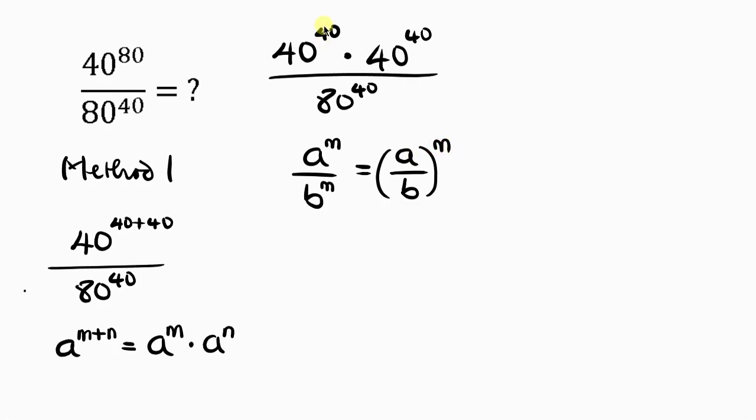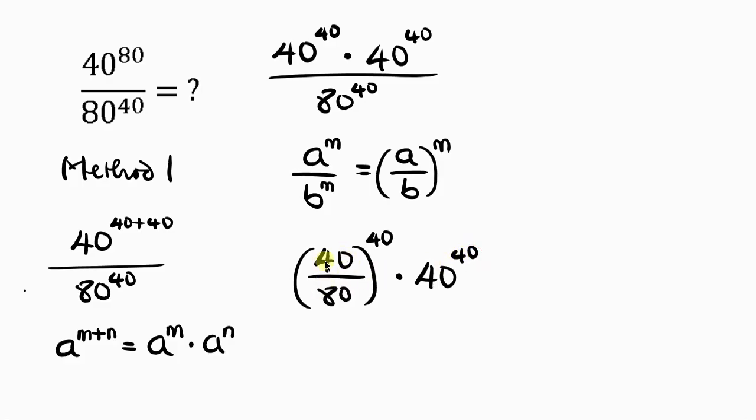That means I'm going to be picking this and this and grouping them together since they have a common power. So this can be written as 40 over 80, all raised to the 40, since they have a common power of 40. Now times 40 to the 40.